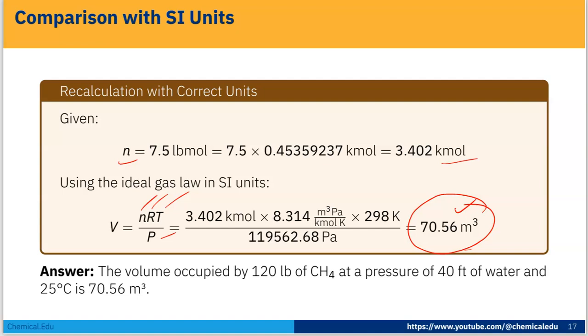The volume occupied by 120 pound of CH4 at a pressure of 40 feet of water and 25 degrees centigrade is 17.56 meter cube. That's it for today's class. I'll talk more about it in the next class.